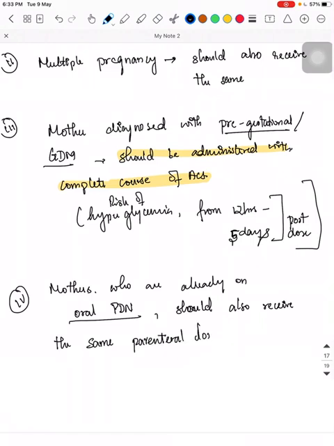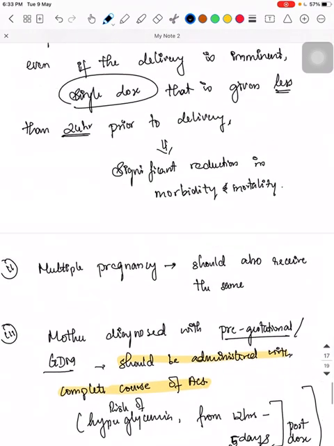Okay, so these are the 4 important considerations for antenatal corticosteroids.